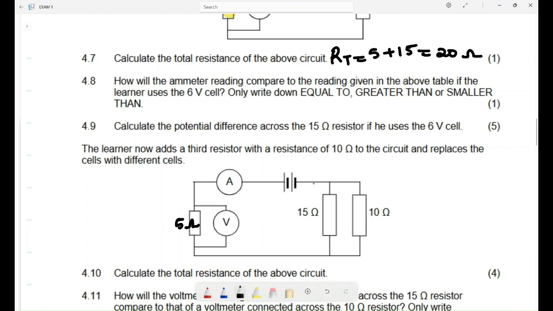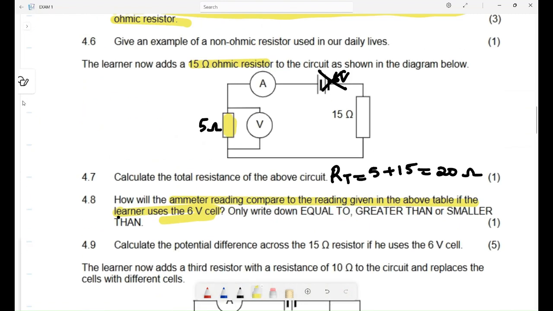4.8 now they say to us, how will the ammeter reading compare to the reading given in the table if the learner uses a 6 volt cell? Write down equal to, greater than, or smaller than. I repeat, how will the ammeter reading compare to the reading in the table if the learner uses 6 volts?